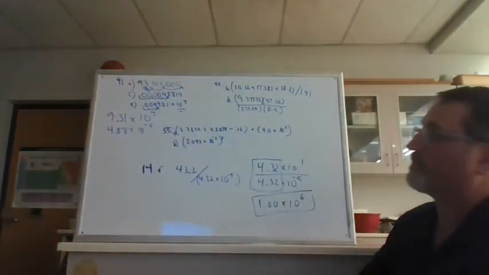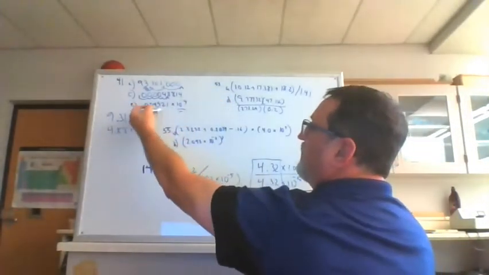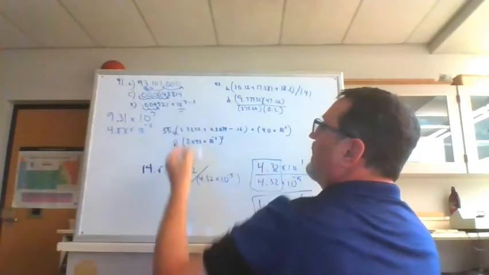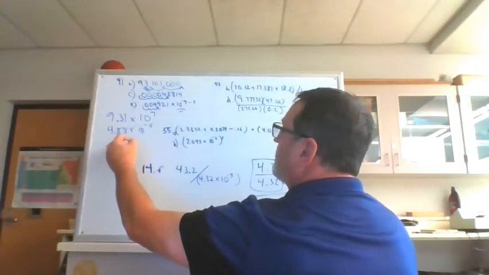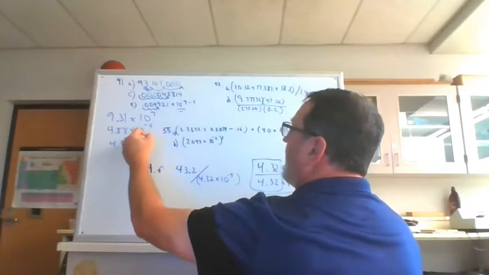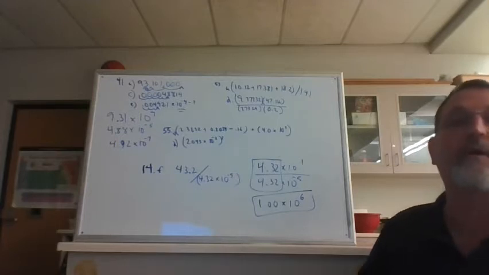When I move to the right, it's negative. When I move to the left, it's positive. I'm moving it 3 to the right, so I subtract 3. So it's 4.892 times 10 to the negative 7. Cool. You should be able to do the rest of number 41 on your own.